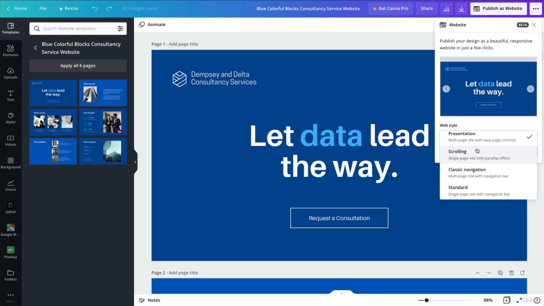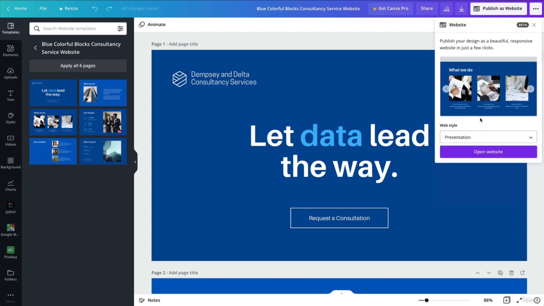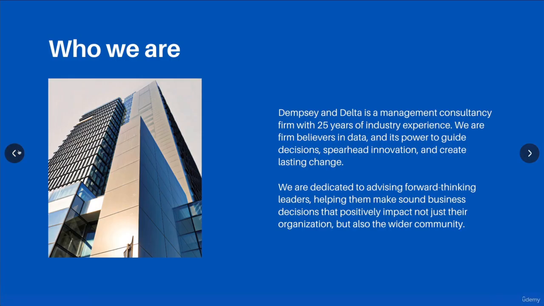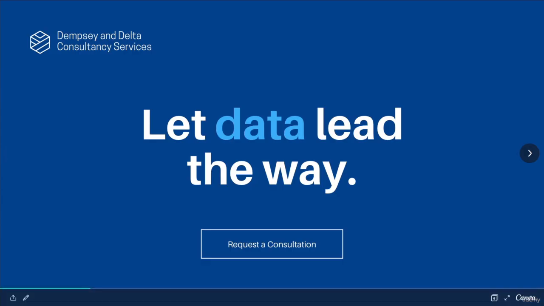The first one being scrolling, or actually presentation. So this is going to open the website in a presentation slide. So it's just going to be almost like a PowerPoint. You already are familiar with this.